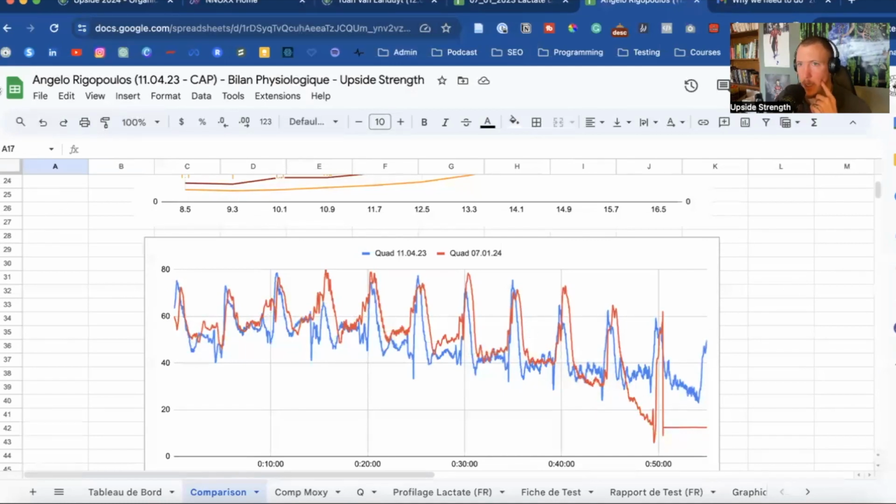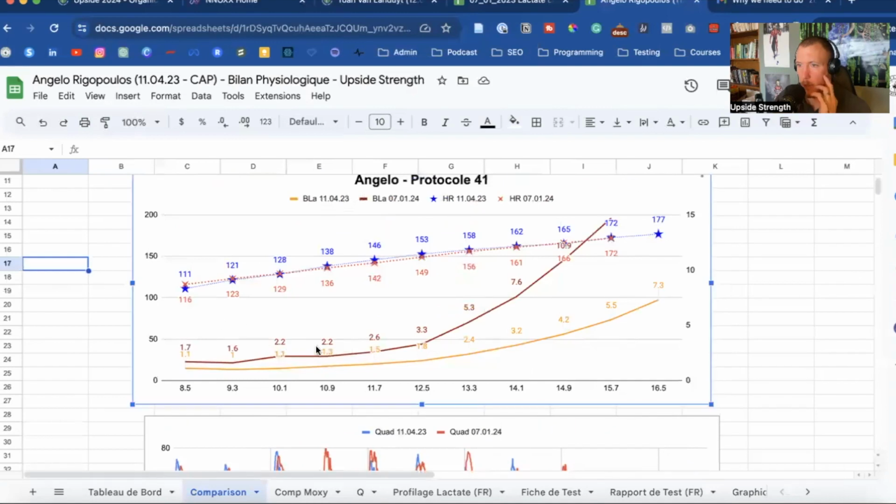I still think that we need to be conservative as always with those interpretations, and it's better to be a little bit too low than a little bit too high. Looking at the curve here, you could almost say that the second threshold is probably going to be more around that 12.5, right?